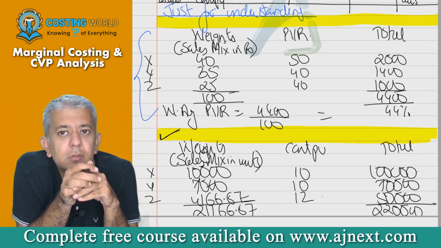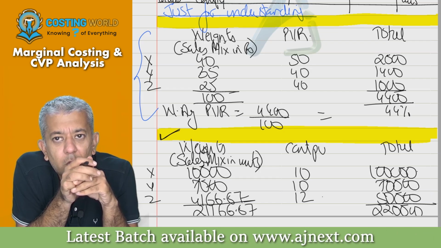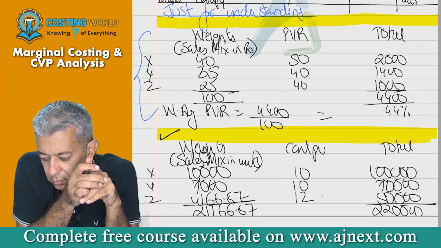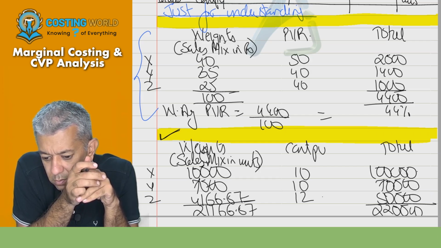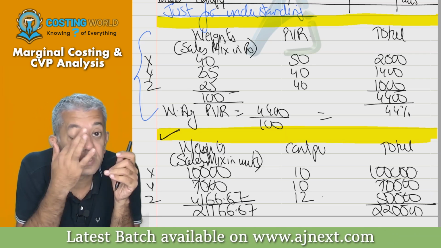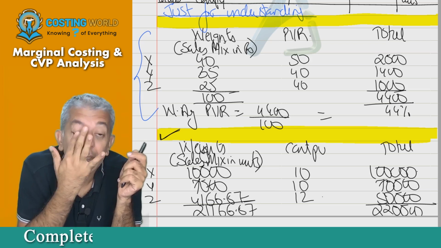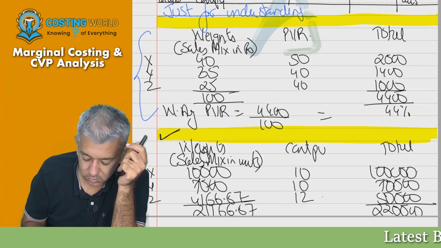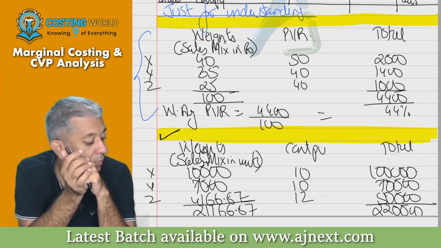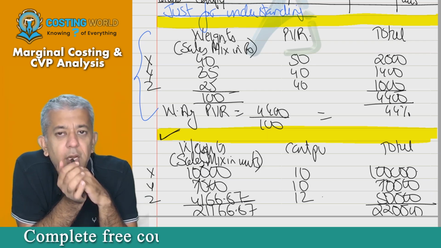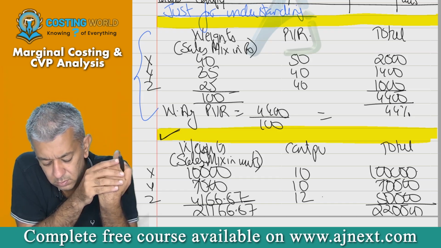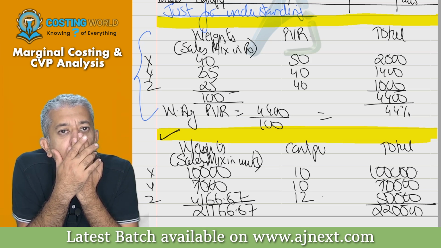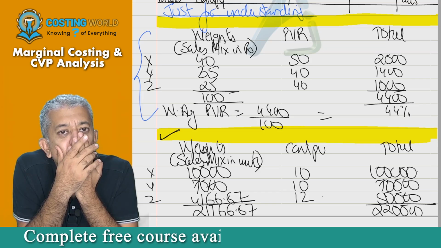Contribution per unit of the company also represents weighted average contribution per unit of the three products, taking weights as... Sir, can you repeat?